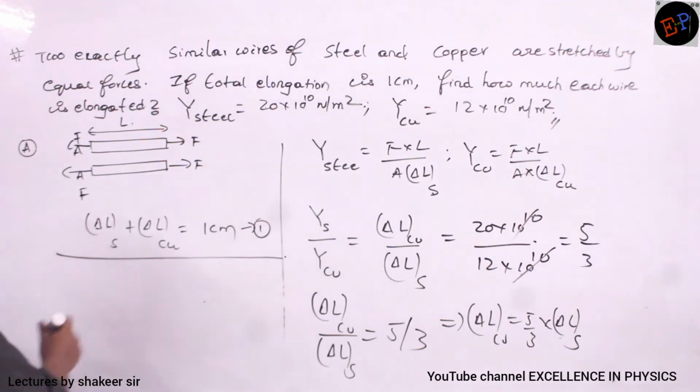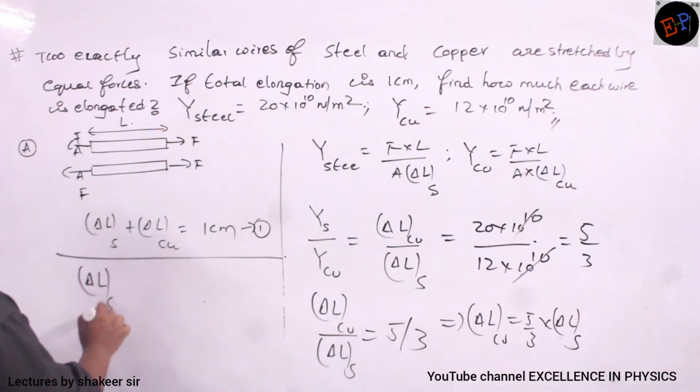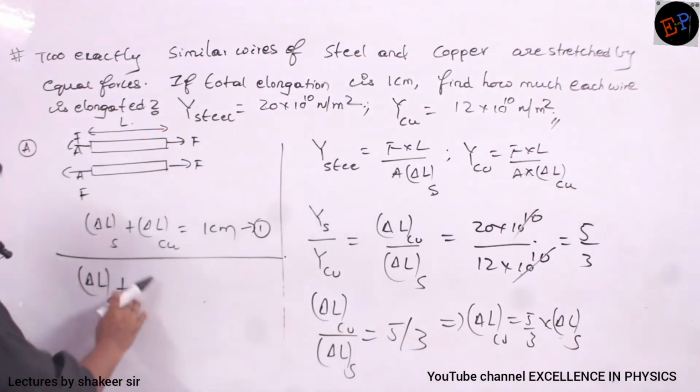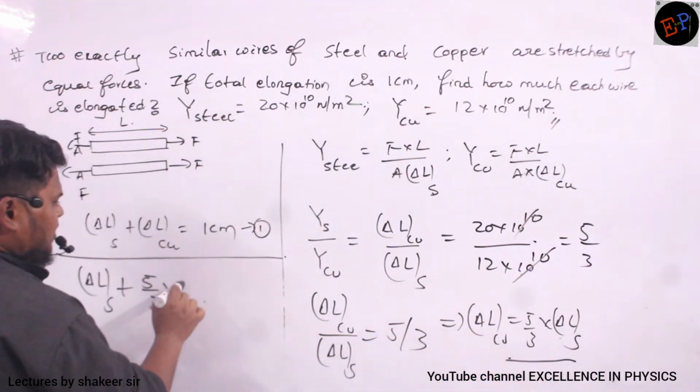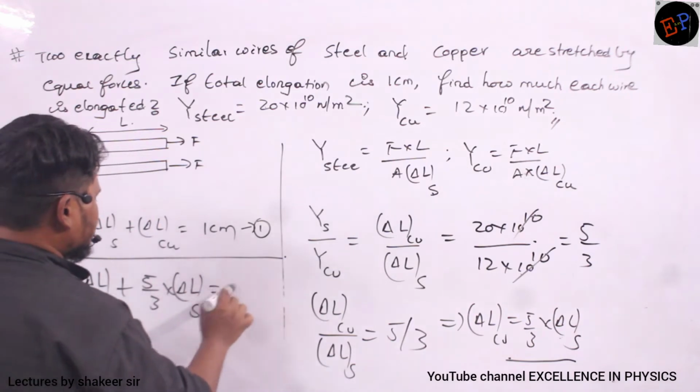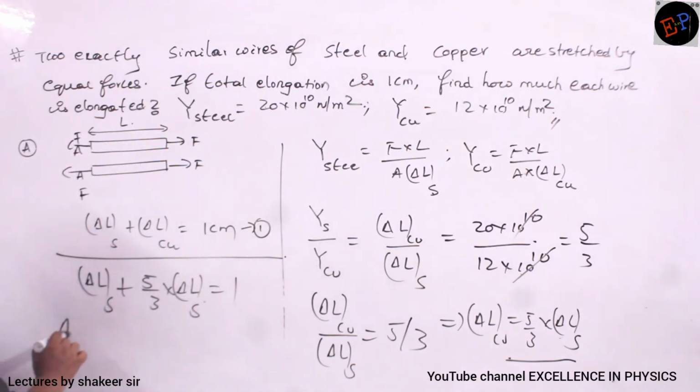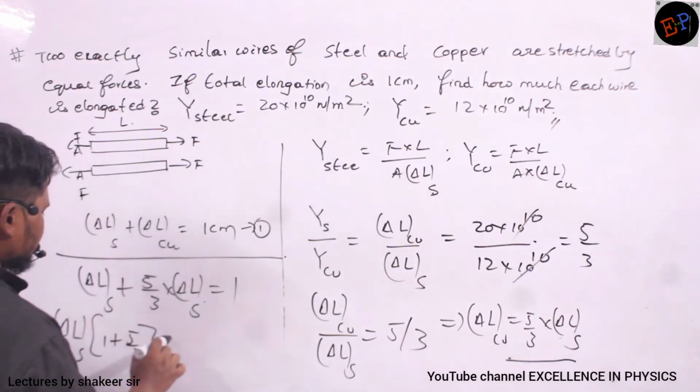So delta L steel is how much? Delta L steel only I will write. Then instead of delta L copper, I can write this value now. So delta L steel plus 5 by 3 multiplied by delta L steel is equal to 1. If you take delta L steel common, then I will get 1 plus 5 by 3 is equal to 1.